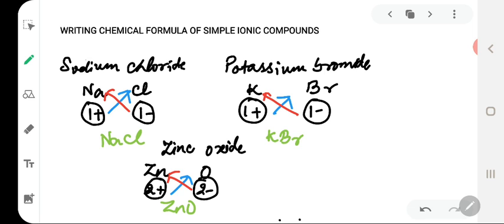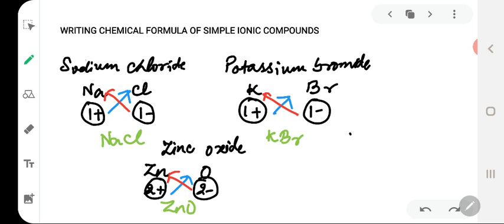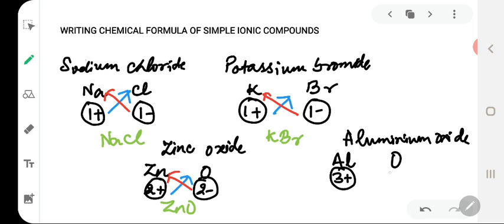Let's write one more. We will write down the formula for aluminium oxide. So Al and O. Aluminium, the valence is 3 plus.